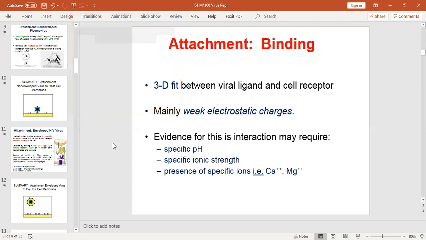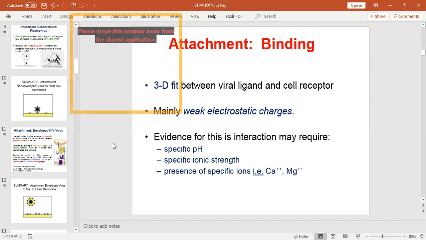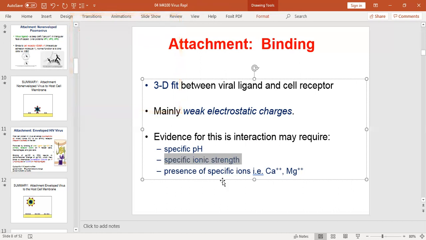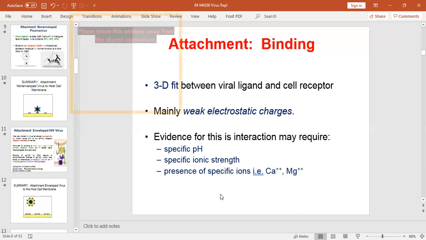The evidence for these electrostatic charges comes from the fact that this interaction requires a very specific receptor, specific pH, sorry. If we modify the pH, the binding may not occur. It also requires specific ionic strength, as well as the presence of specific ions such as calcium and magnesium that facilitate the viral ligand and host cell receptor interactions.